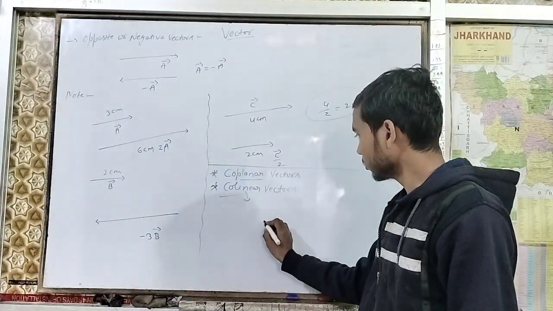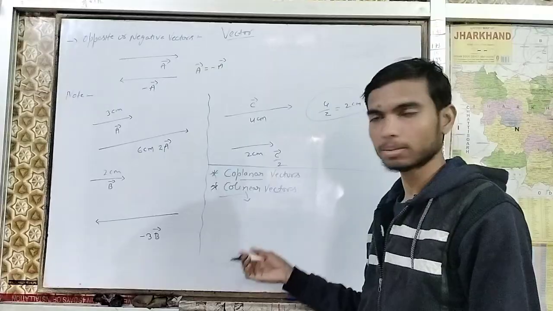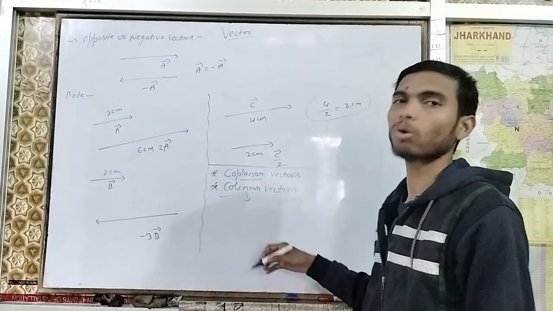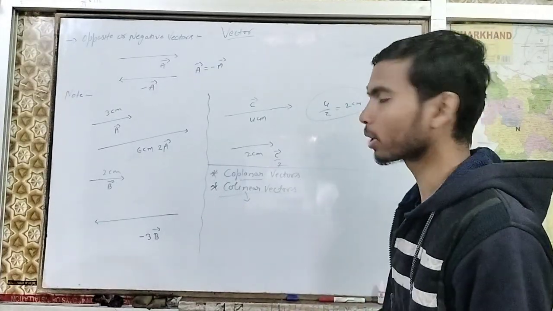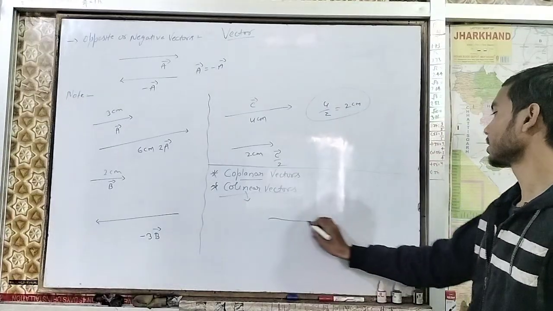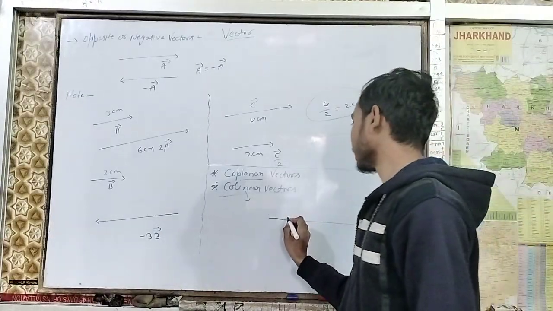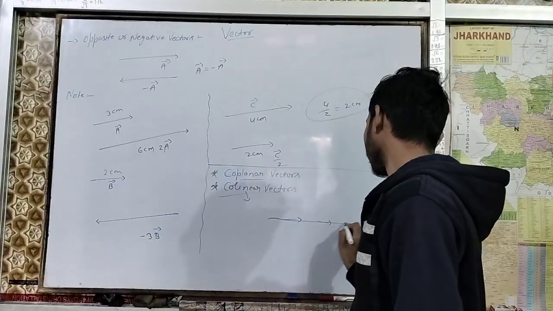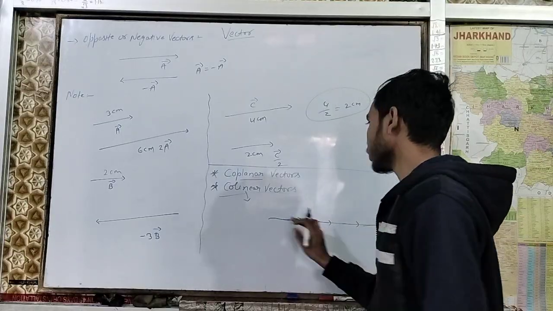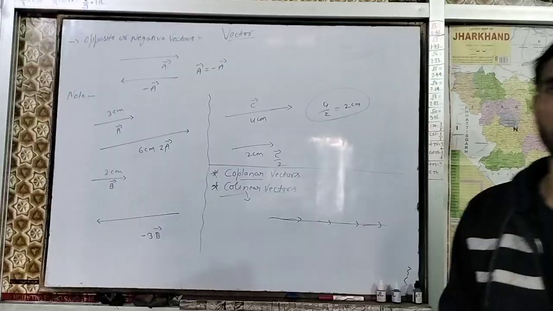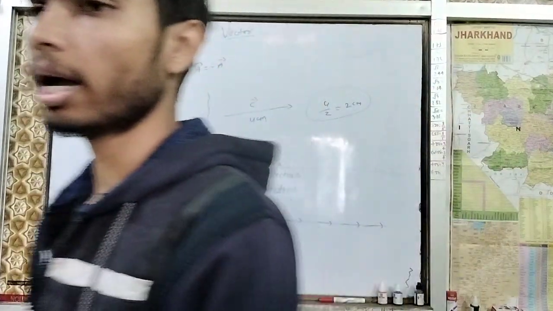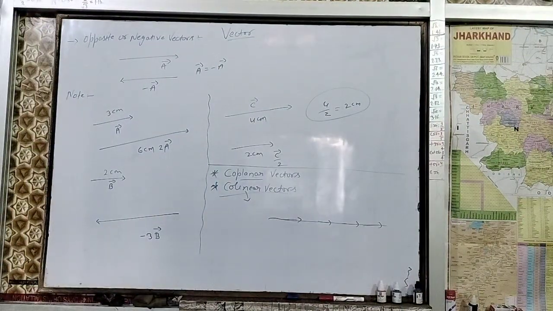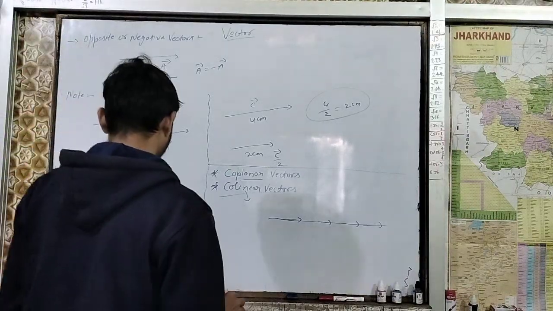So if there are two or more vectors along a single straight line, for example, this is a line. If on this line there are a lot of vectors, this will be collinear, where vectors are just along a single line.